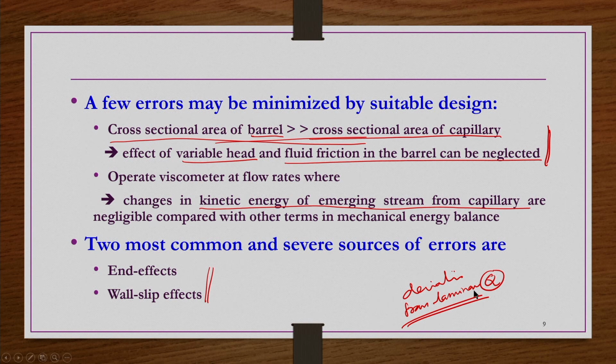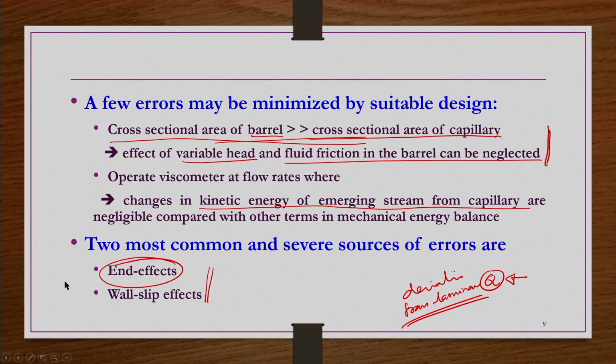That you can also avoid by operating in such a way that your flow rate is under the laminar condition, but you do not know. So, that is the reason we will be seeing a few discussions: from Q versus delta P information, can we have a kind of a priori intuition whether the flow is in the laminar or in a turbulent condition. That is the other one we are going to see.